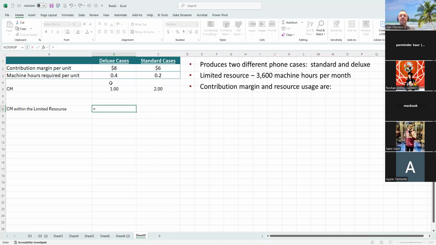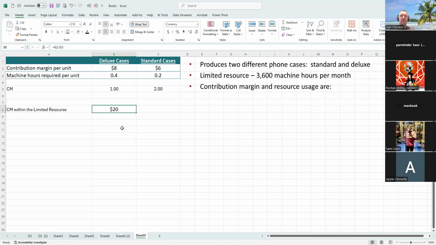How am I going to get it? $8 divided by 0.4, right? Oh, yeah. How much is my contribution margin per unit in this case? $20. How much is here? $30.